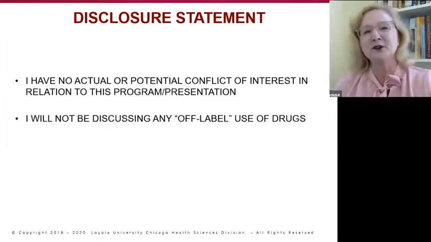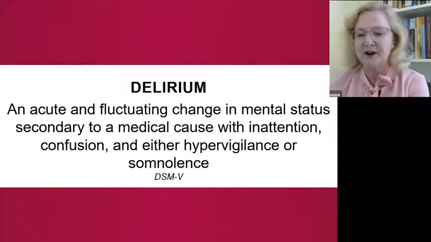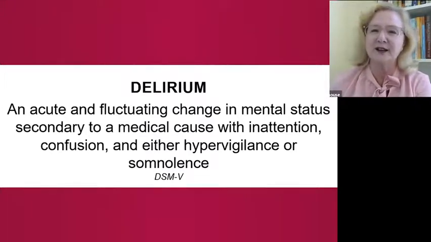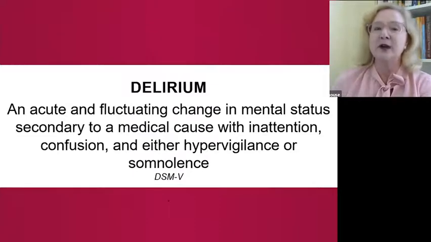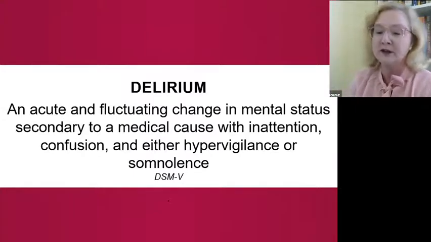I'd like to first start with a definition of delirium to make sure that everybody has an idea of what this is, because it's very surprising that many people do not know what delirium is and have a difficult time differentiating delirium from dementia.